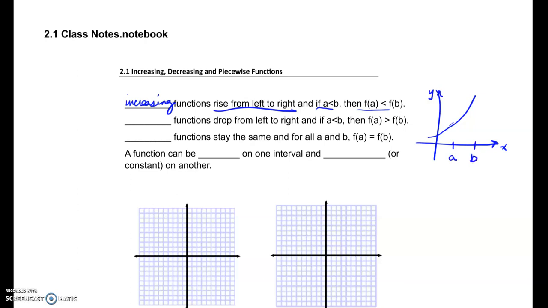When you apply the function to these two points, you get the y value of a, which would be f of a. It is also going to be less than f of b, and you can see that right here. As you go up to the right, a is less than b, so f of a is less than f of b. So that's an algebraic way that you can check this without even drawing the graph.